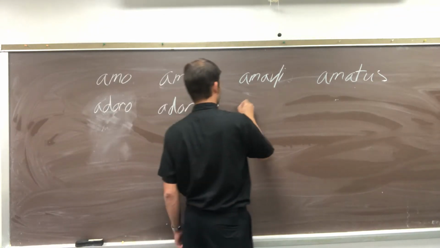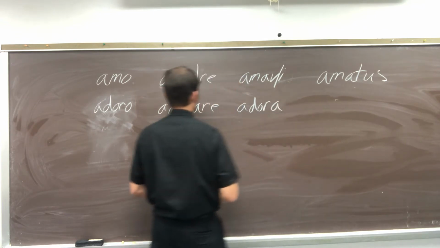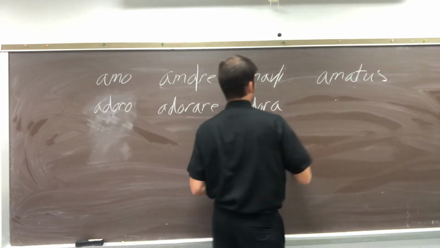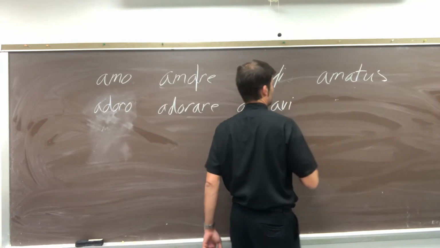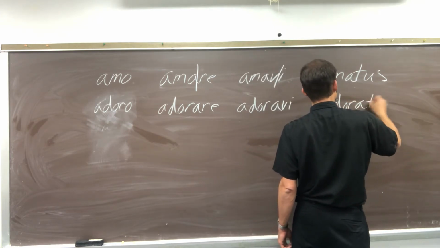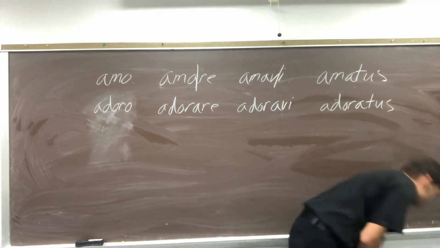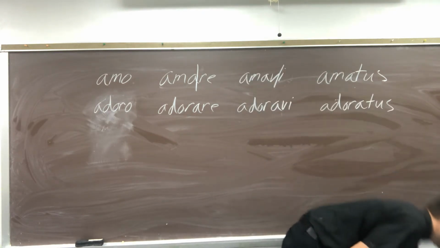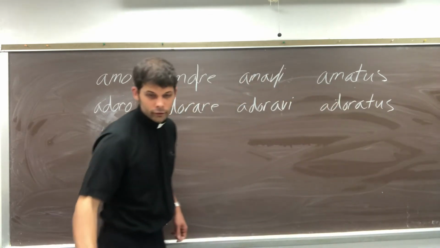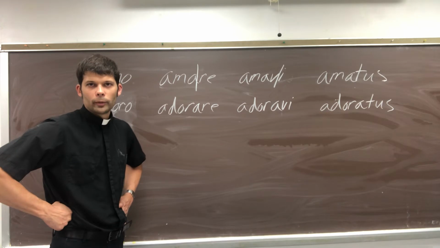When we get over here, watch this. I'm going to take off the R-E and put a V-I. And then over here, watch this. Take off the V-I and put T-U-S. Dropping my pens, my chalk. That's it. You have all 4 principal parts right there.